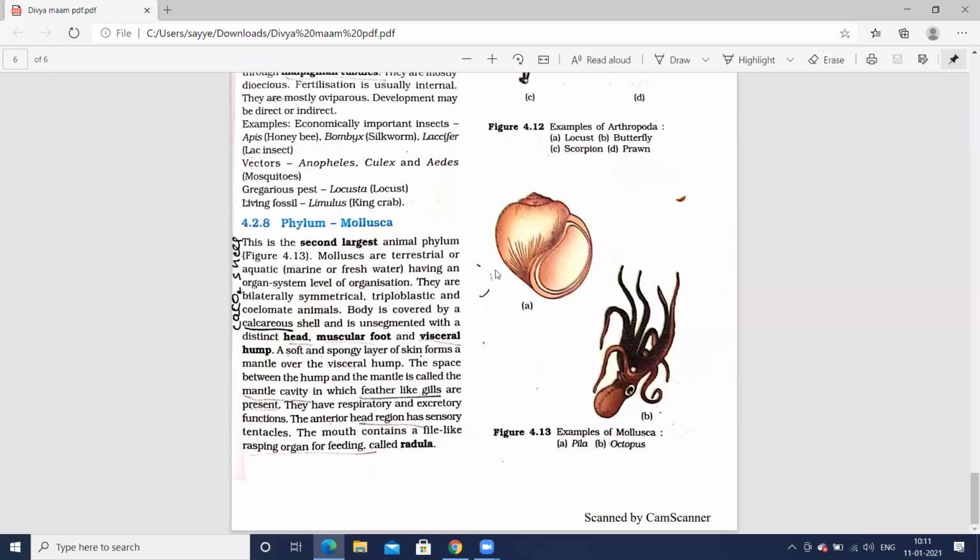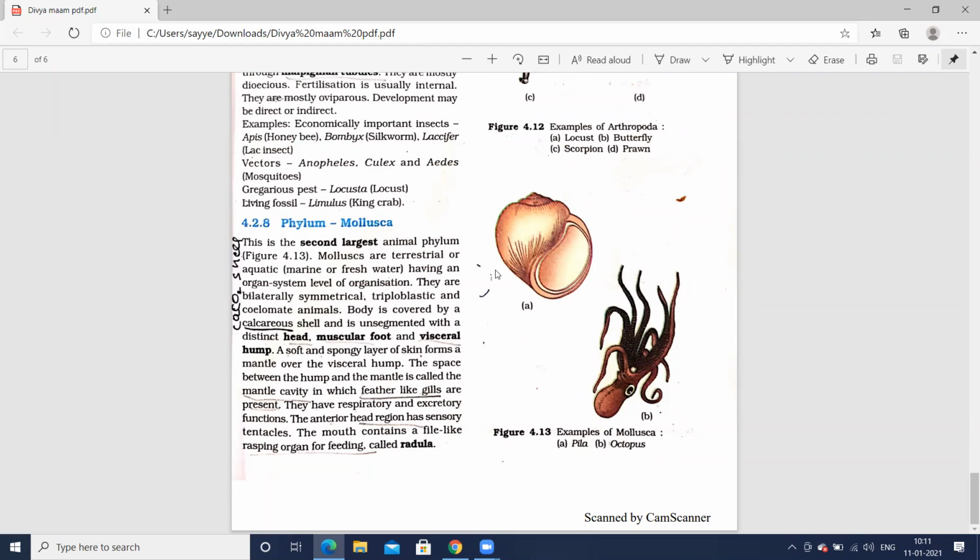Why did you guess it as calcium carbonate? Why not calcium? One of you said calcium also, then you people changed. Calcareous shells, calcium carbonate, you're right. It's calcium carbonate only.